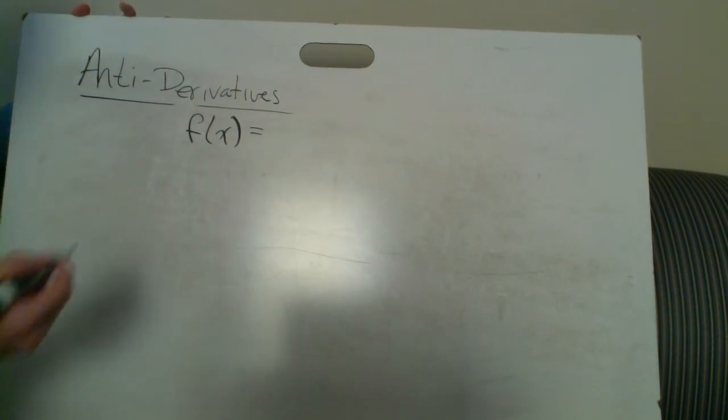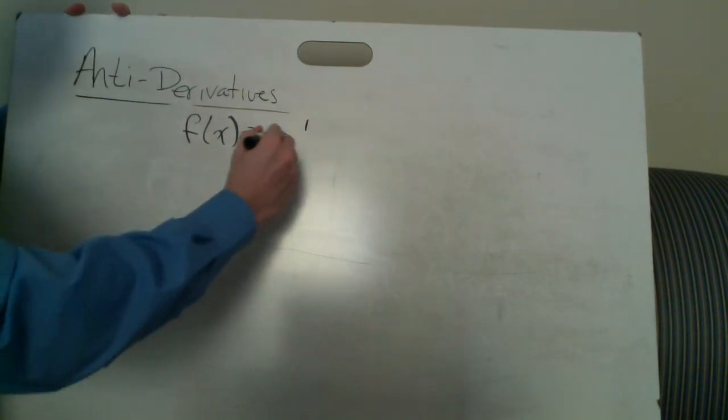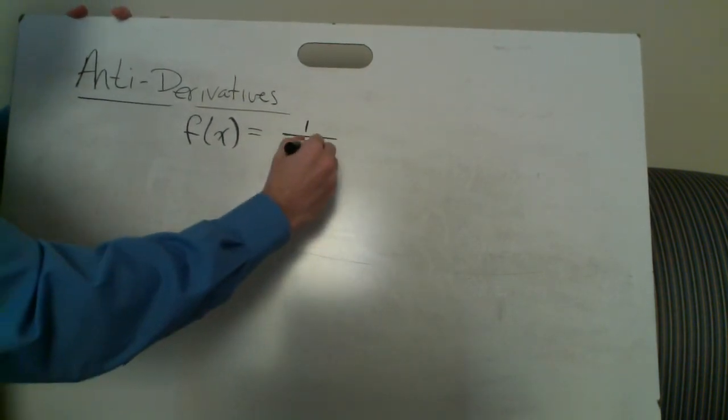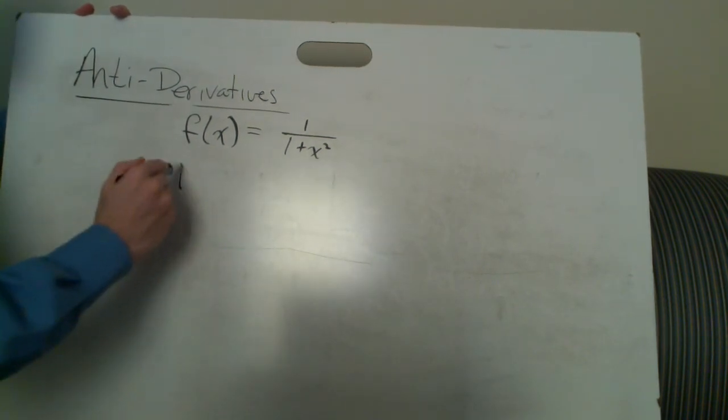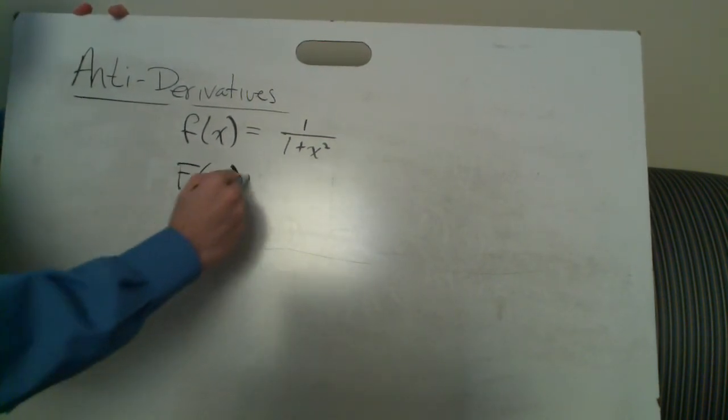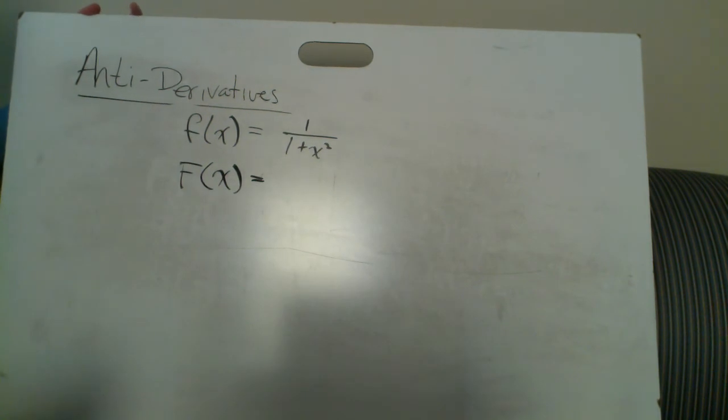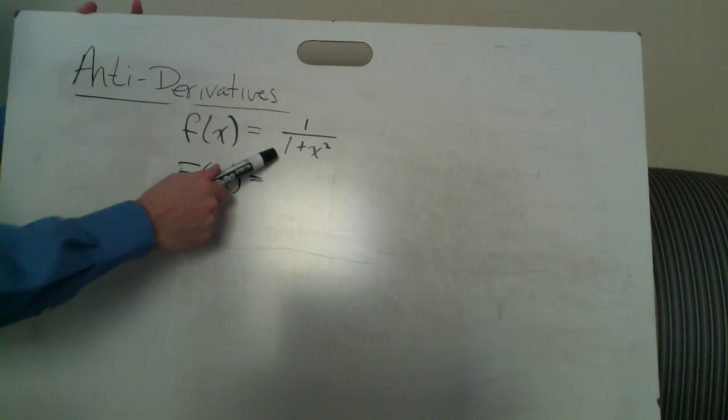So let's start with this particular function. f of x is 1 over 1 plus x squared. What's the antiderivative? Well, none of the techniques that we have so far can help us answer this question. But from last term, you should have seen a function whose derivative is this.